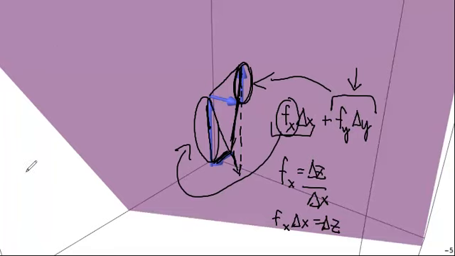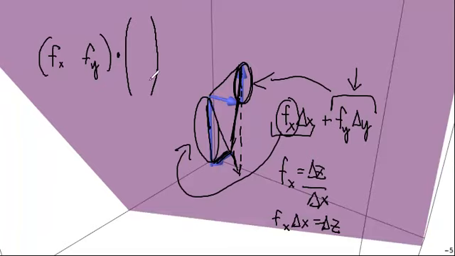If we were to think of this as being like fx, fy, slope in the x direction, slope in the y direction, normally we represent dot products this way, especially when we're going to put lots of different dot products together. We're going to be thinking of lots of different projections pieced together, so we like to think about matrix multiplication. It's a nice way of organizing different types of dot products.